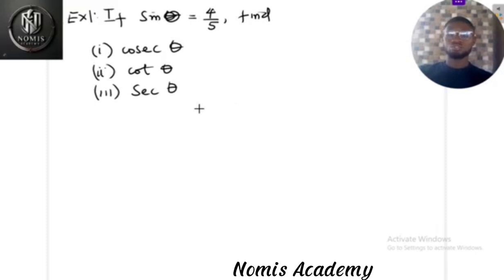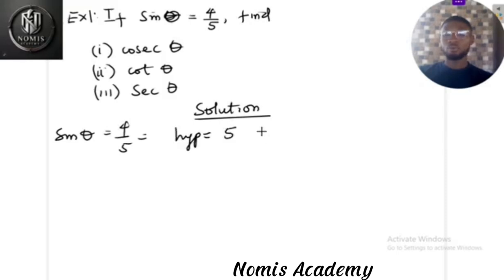We already know that sine theta, which is 4 over 5, is telling us that the hypotenuse is 5, and the opposite is what now? It is 4. So I believe that you can easily tell what the adjacent would be. Yes, the adjacent is 3 now. So now that we've gotten that the adjacent is equal to 3 centimeter, let's deal with cosec theta.